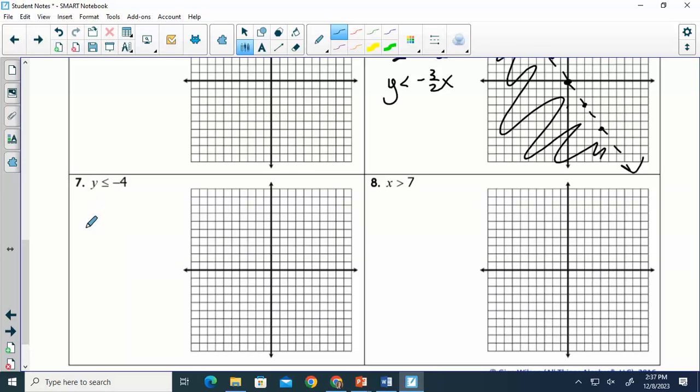If it's x equals, it is vertical. Y equals is horizontal. So we have a horizontal line at negative 4. Because of the equal to, it would be solid. And then y is less than, so would it be above or below for shading? Below. Less than would be below.